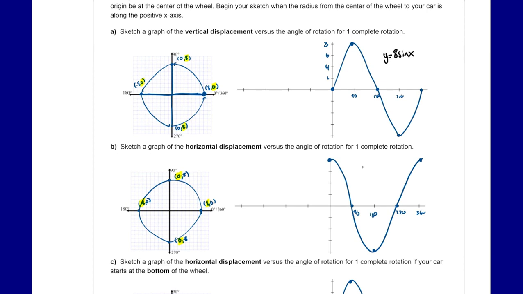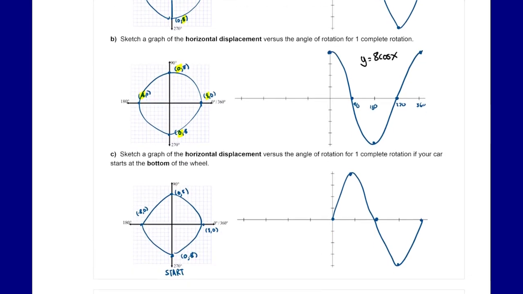Here, same thing, but a cosine function, so y equals 8 cos x. Down here, this would be y equals 8 sine x again, or y equals 8 cosine x minus 90, because we're starting 90 back. So again, this just shows that relationship between sine and cosine, and how it's basically just a shift of 90 degrees.